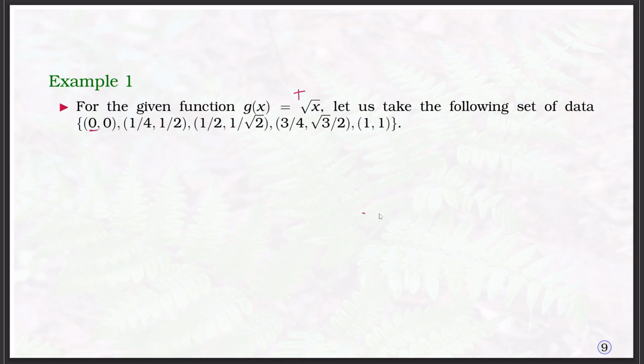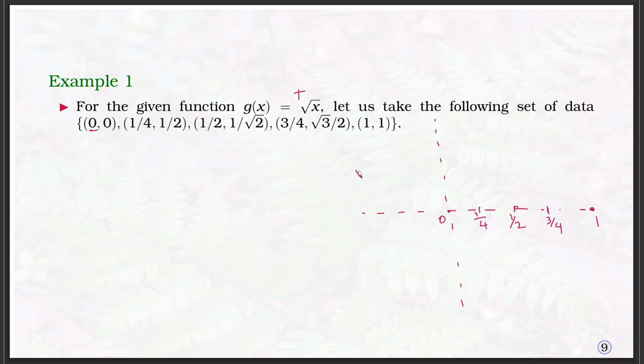You can observe these data points on the axis: 0, 1 by 4, here it is 1 by 2, here it is 3 by 4, here it is 1.